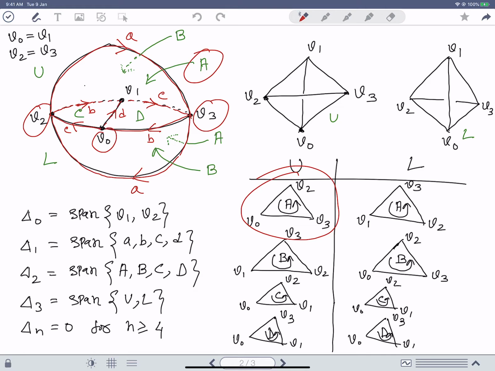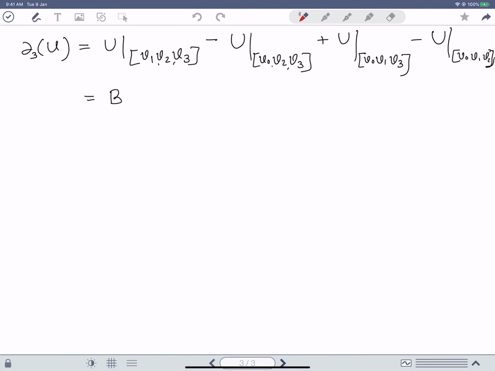Now what is my 0, 2, 3? 0, 2, 3 means in this side. But we know that A means 0, 3, 2. But here we need 0, 2, 3, V0, V2, V3. Therefore, we will have minus A here. So we will have minus of minus A. That means we will have plus A.